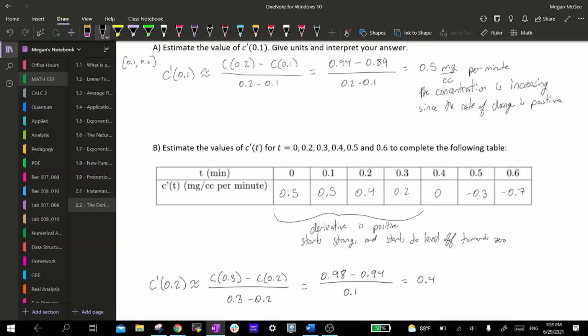Okay. And then from time t equal to 0.5 to t equal to 0.6, we have the negative derivative. All right, and this means that our concentration starts to decrease.